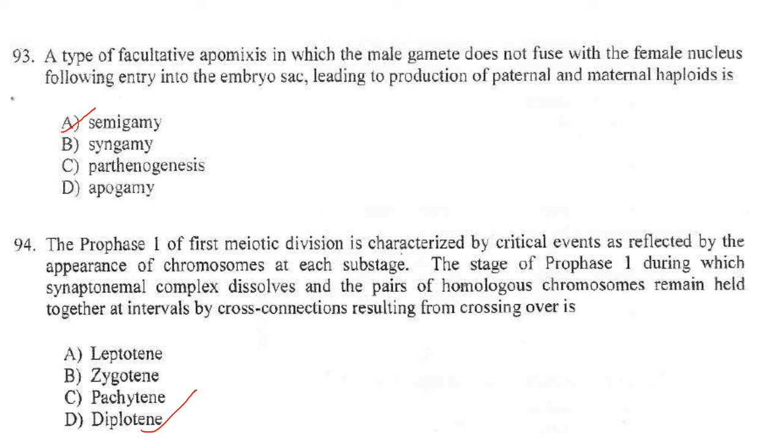So they have asked for which stage the synaptonemal complex dissolved and the pair of homologous chromosomes remain held together at intervals by cross connections resulting from crossing over.